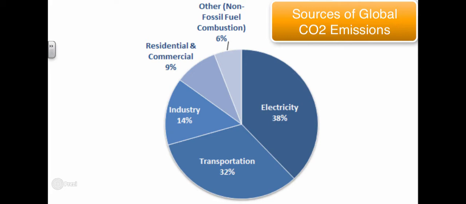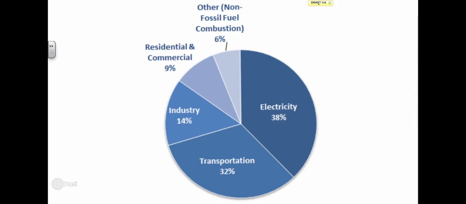So planes, cars, trains, all of these things still run on fossil fuels. And then less so, but still a factor for CO2 emissions would be things like industry and residential places. So the vast majority of all CO2 emissions are coming from electricity and transportation.